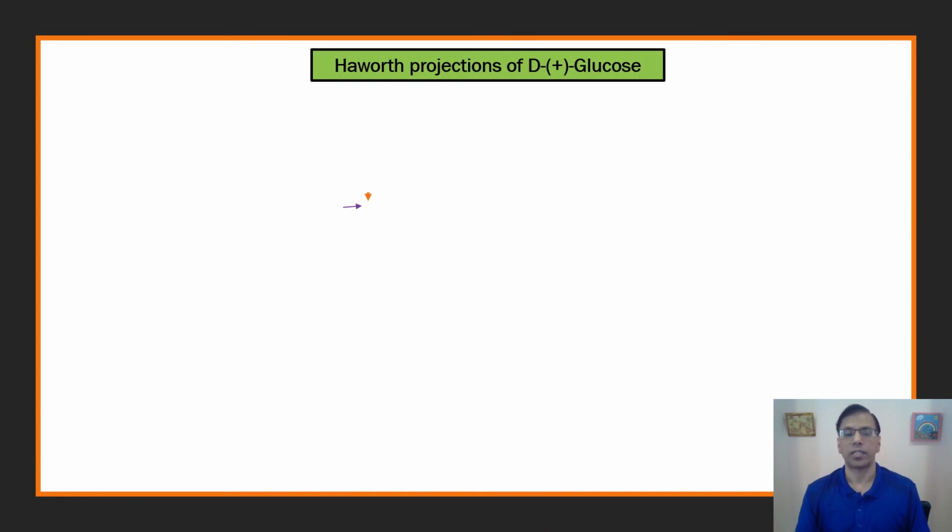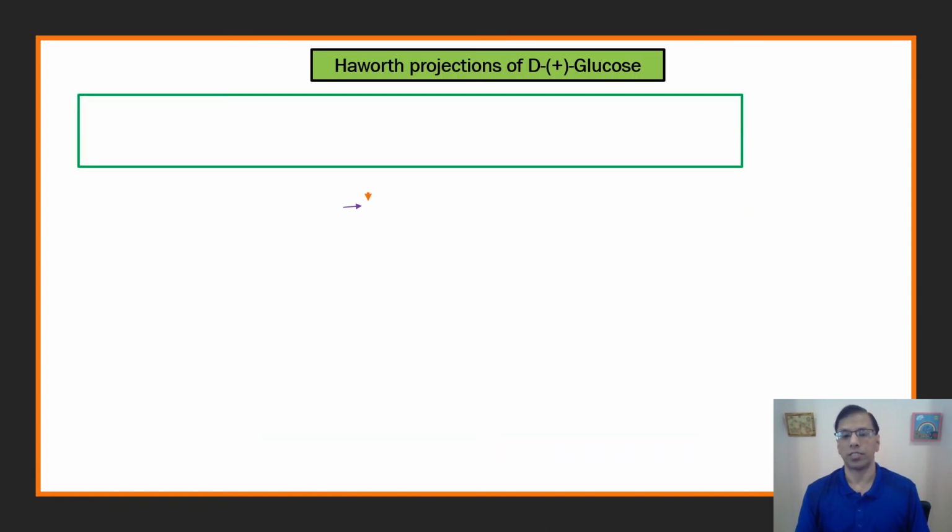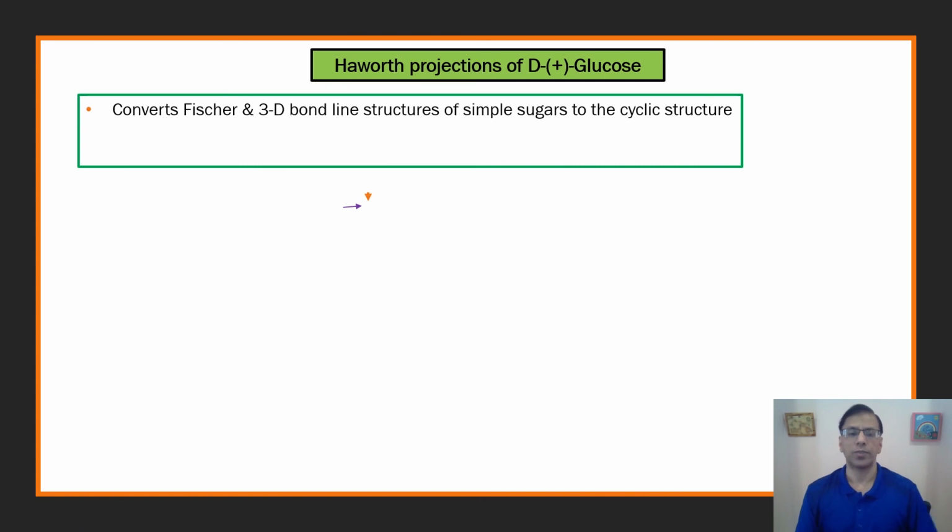So let's look at the Haworth projections of D-glucose. So why do we need a Haworth projection? Well, it converts the Fischer and 3D bond line structures of simple glucose to the cyclic structures, which have been observed experimentally. So D-glucose exists as a cyclic structure, not a 3D open chain or a Fischer structure.